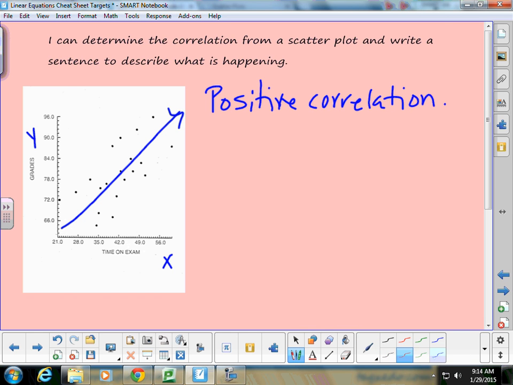And since it's a positive correlation, I'm going to write a sentence of what's happening. I look at x. X is the time spent on the exam, and y is grades.